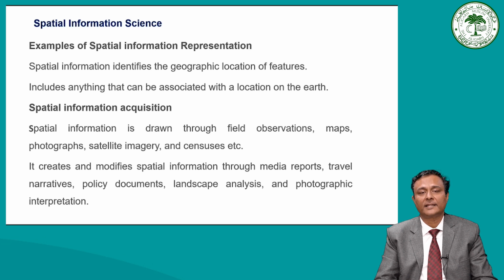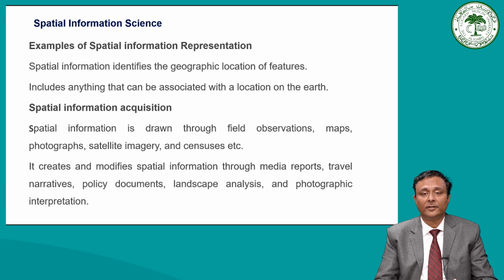So here the question arises, how can we acquire this spatial information? Generally, spatial information is drawn through field observation, maps, photographs, and as we have mentioned earlier, satellite imageries or sensor data. And there are many more ways also. It depends on the user's requirement and what is the possible option from where they can acquire this information.